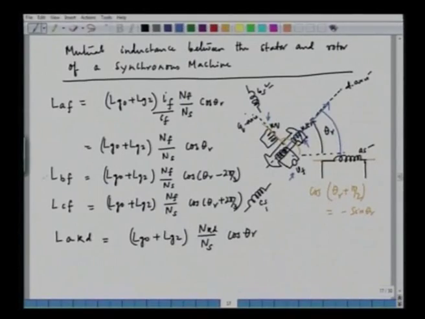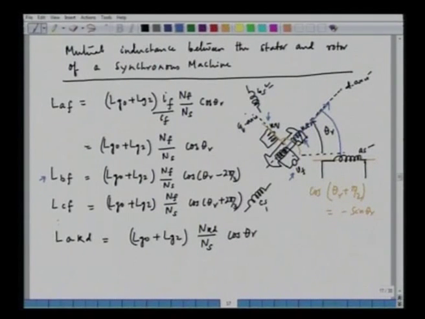Similarly, we can evaluate the inductance between phase B of the stator and the field winding. It is basically a matter of phase shift. So, we can see that this LBF is given as (Lg0 plus Lg2) into NF by NS into cos of (theta r minus 2 pi by 3), because phase B is shifted from phase A by 2 pi by 3, and that is why we have a factor of cos (theta r minus 2 pi by 3) coming into the picture here.